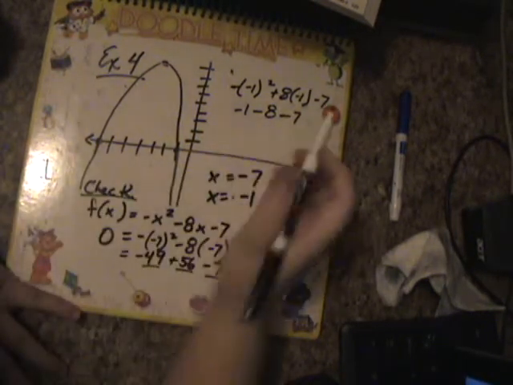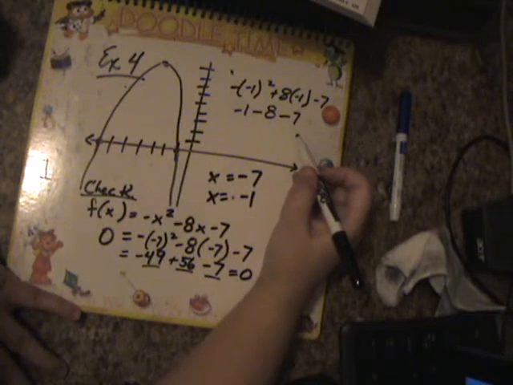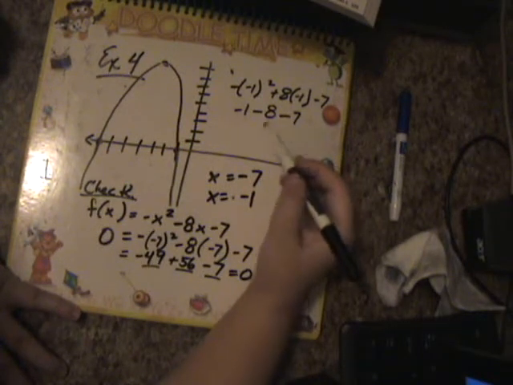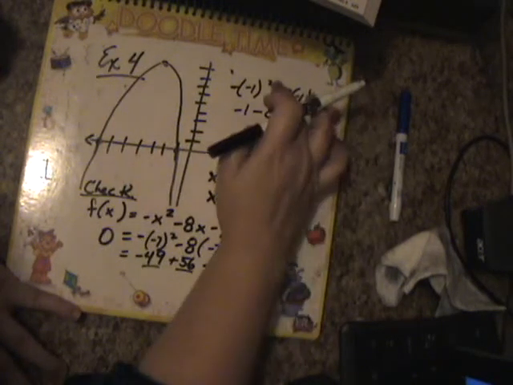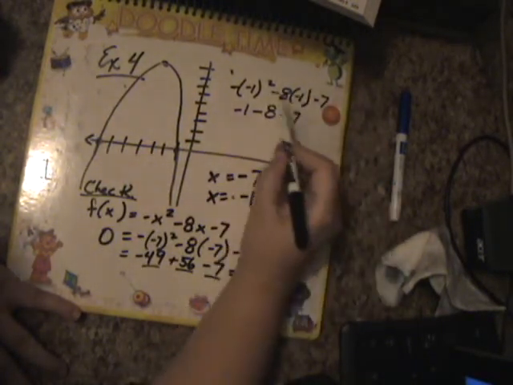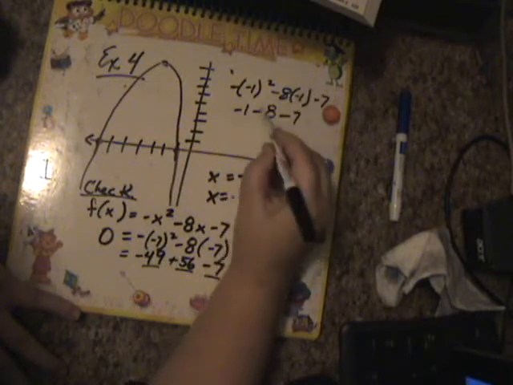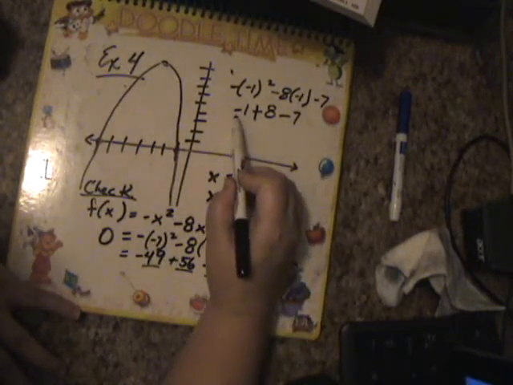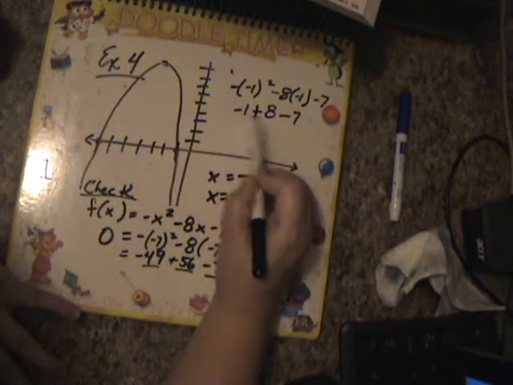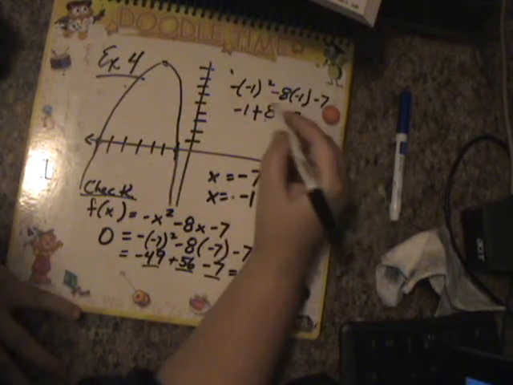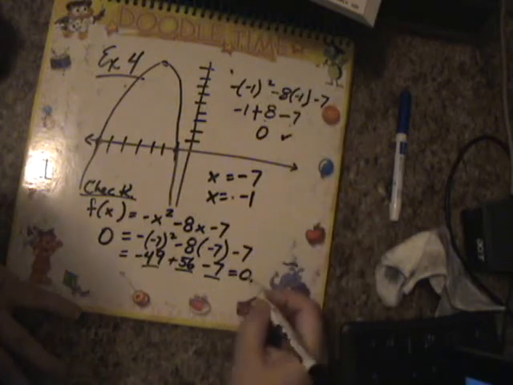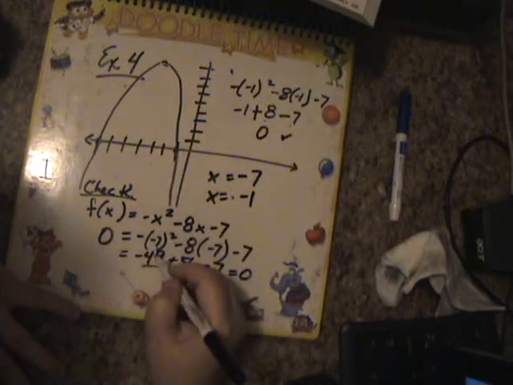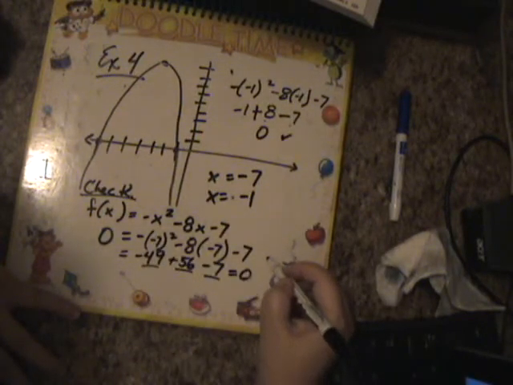Okay, something's not quite right. So let's double check. Oh, I see it. This should have been negative. Okay, so double check those signs. This is negative. That makes this positive. So a negative 1 plus 8, obviously you see these two add to 8, and this is an 8. So that would also give you 0. So I have checked. Negative 1 does work, and also negative 7 also does work.